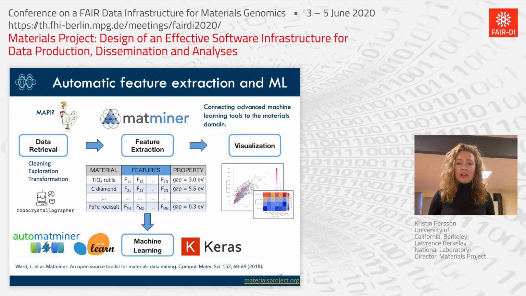I want to promote the packages matminer and AutoMatMiner. They're not per se part of the Materials Project effort, but they're being maintained and driven by Dr. Anubhav Jain at LBNL. They're a very nice code package in the sense that they help you easily retrieve data, clean the data, which is very important for machine learning, and do feature extraction from the data that you're looking at.